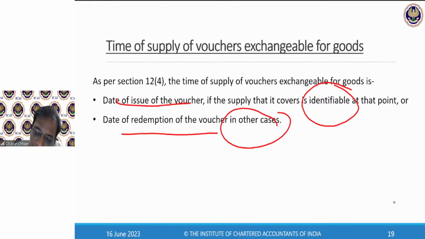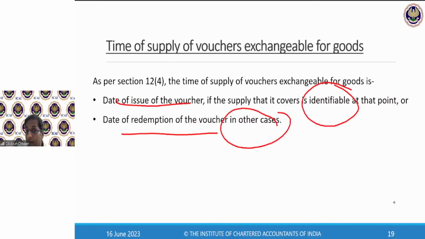We are talking about the taxability of the voucher. Suppose I am a Kalyan Jewelers. So Mr. B is coming to me and is giving me 50,000 for which he is taking the vouchers. So what I have given? I have given the voucher of the Kalyan Jewelers. At the time of redemption, it is clear you can purchase the gold worth of rupees 50,000.